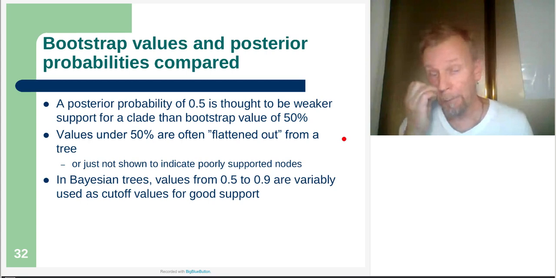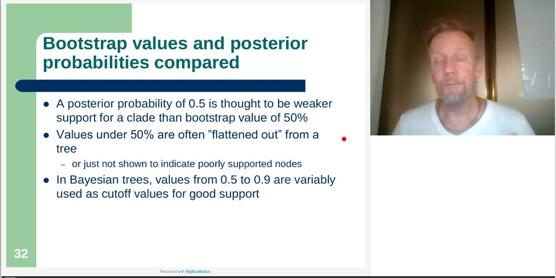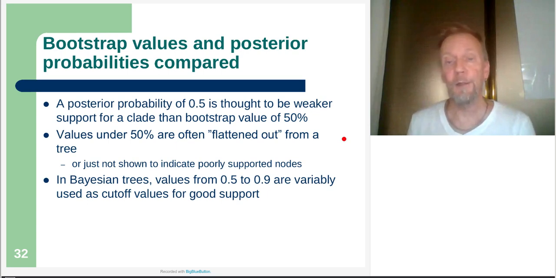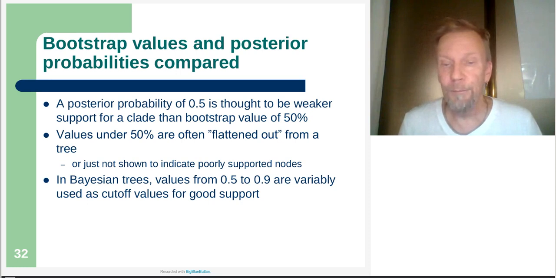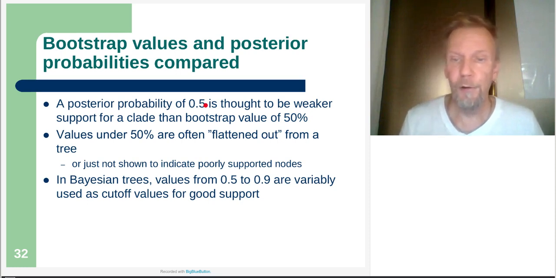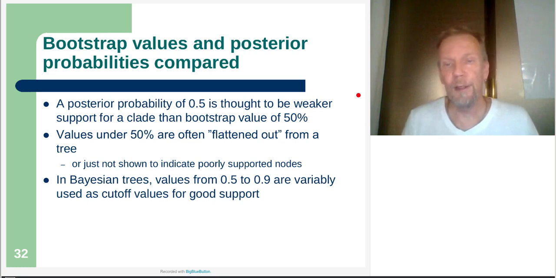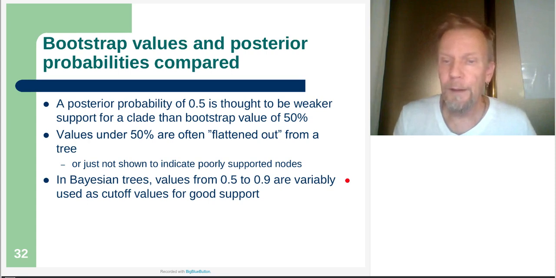We talked about binary trees being simplified into flattened trees when we can't be sure of the order of some nodes, so flattening some nodes into these comb-like shapes. So 50% is a typical threshold for bootstrapping, but 0.5 in posterior probabilities is thought to be weaker support, and there's no agreement what should be the value for flattening nodes for Bayesian trees.